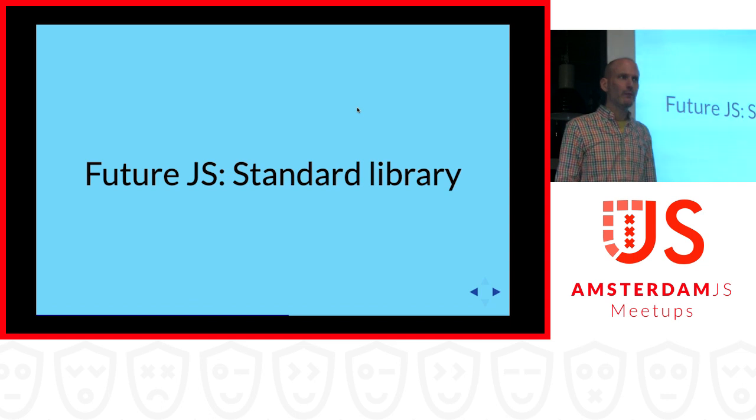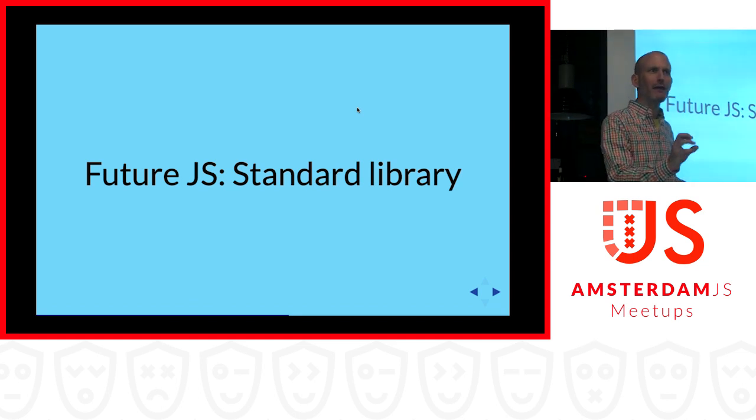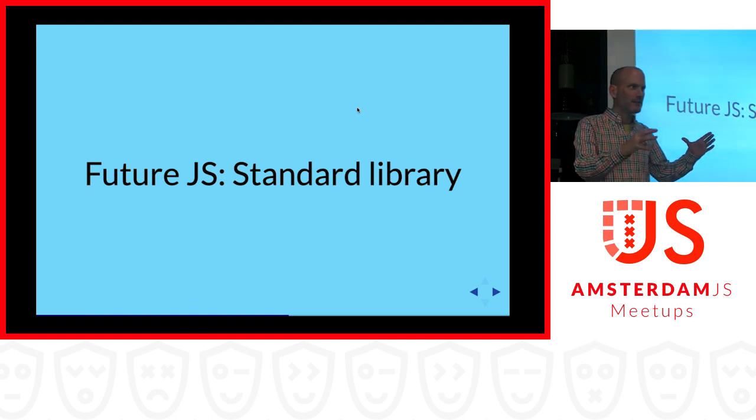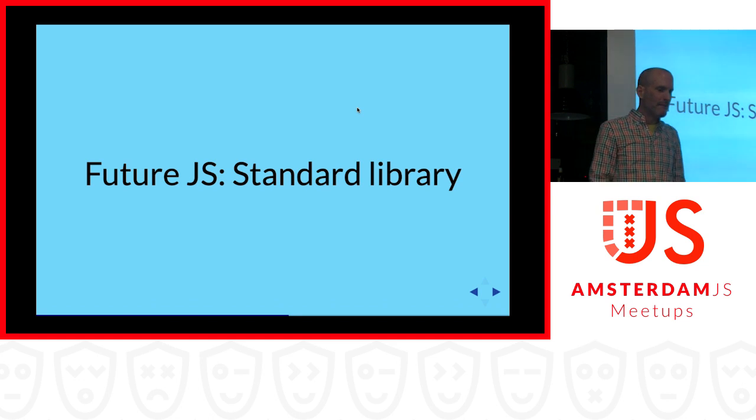So having something similar in JavaScript would be really nice. When it comes to the standard library, this is probably the one aspect of JavaScript where the language has the most catching up to do when it comes to other languages, apart from maybe concurrency. And with concurrency, it's actually an advantage that JavaScript is behind, because you can learn from the mistakes that other languages made, and you can do it better.